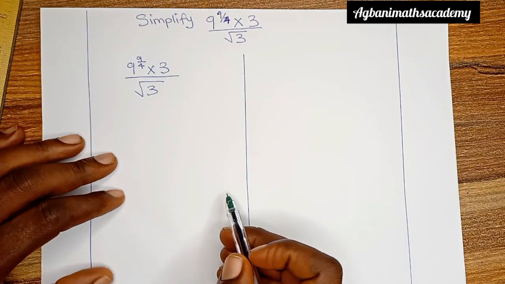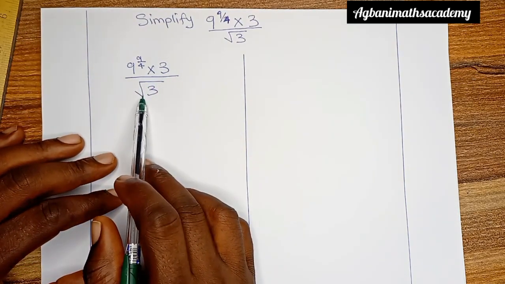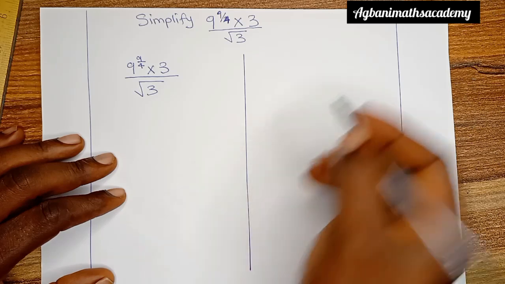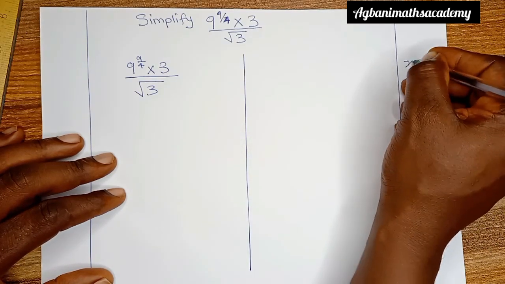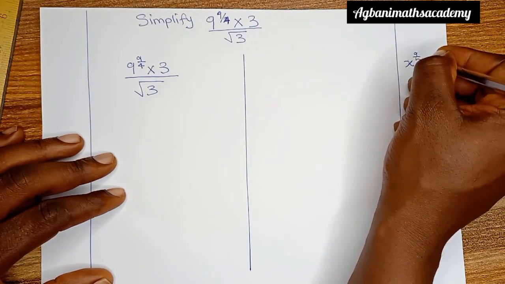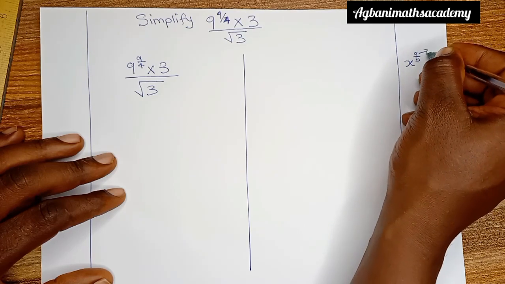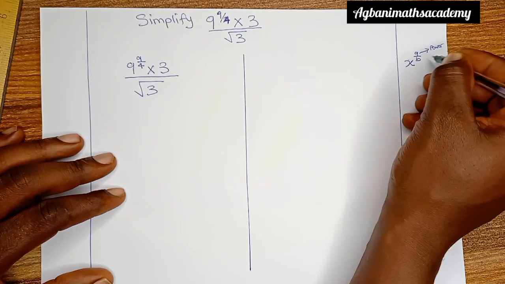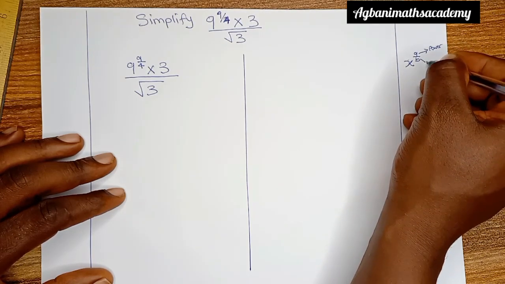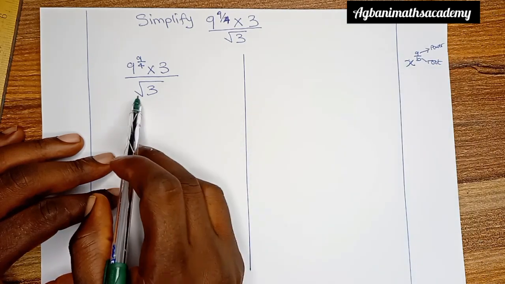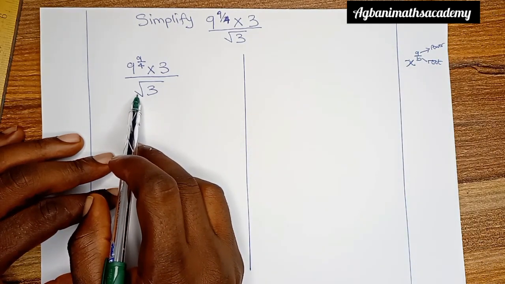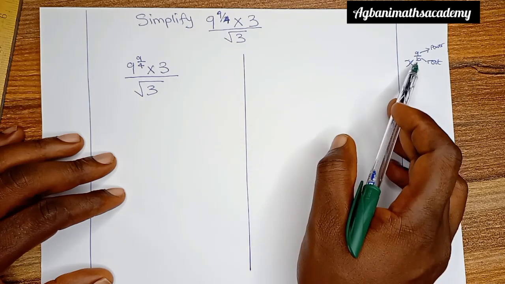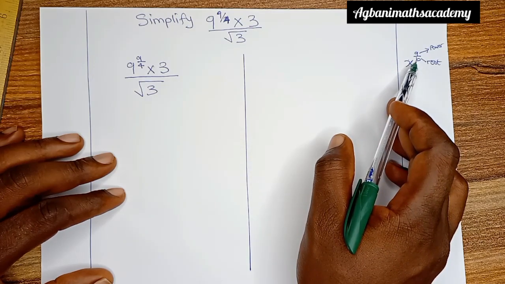So from the laws of indices, we are going to convert the square root of 3 to become an exponent. And we know that if you have x raised to the power a all over b, a is the power and b is the root. So whenever we are having square root or cube root or any other root, we are looking at the denominator of the power.